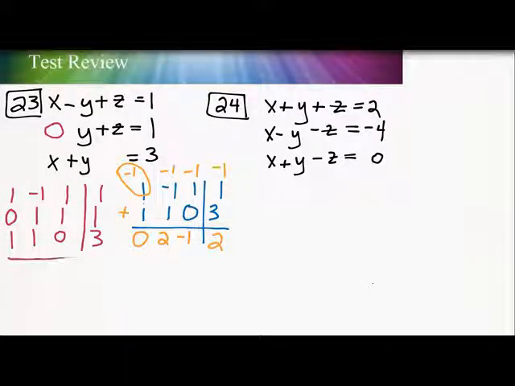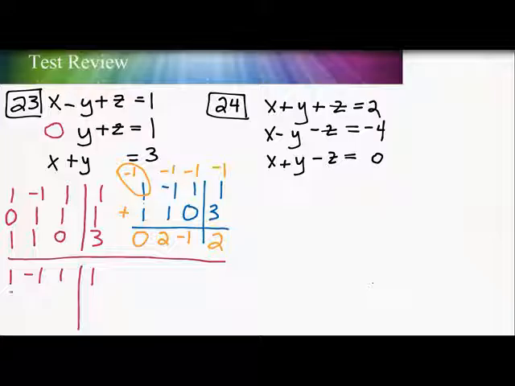I'm going to use that row to replace one of the original rows. So now I'm going to write the matrix again. My new matrix is going to be 1, -1, 1, and then 1. Then 0, 1, 1, 1. And the third row is going to be replaced with 0, 2, -1, and 2.